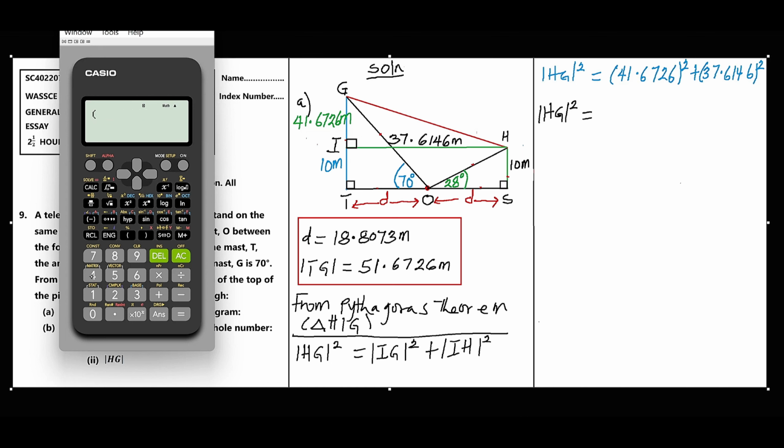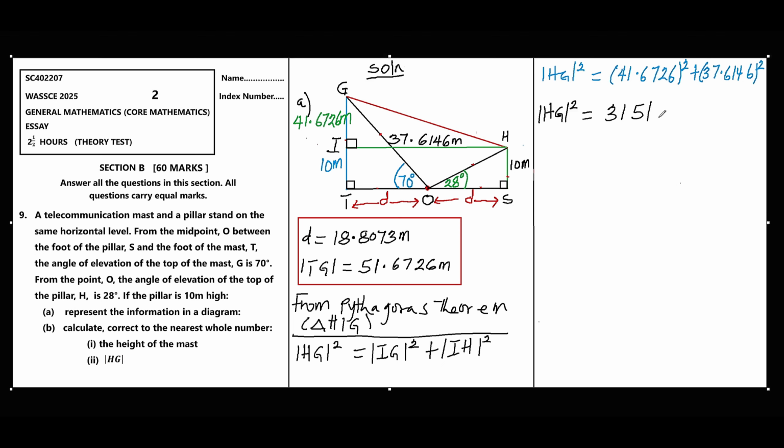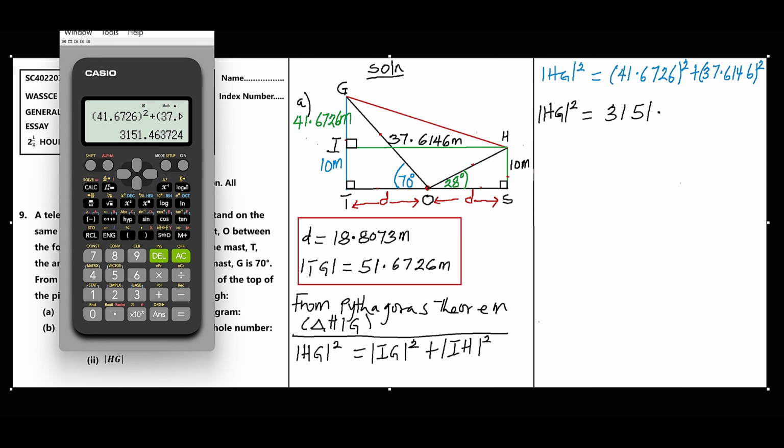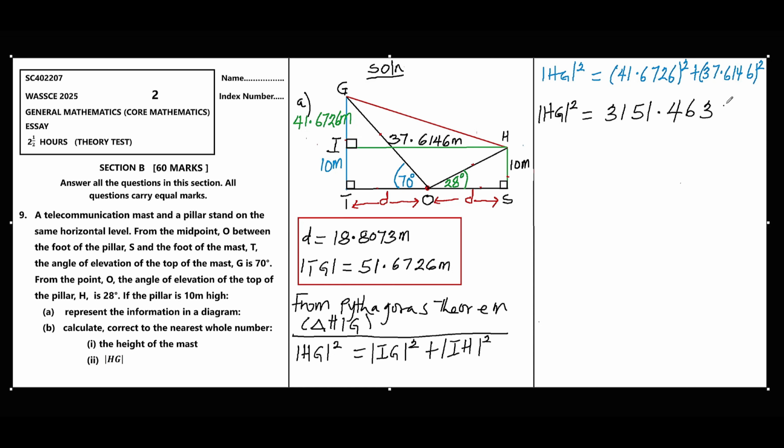So we have 41.6726 all squared plus 37.6146 all squared. So that gives 3151.4637.